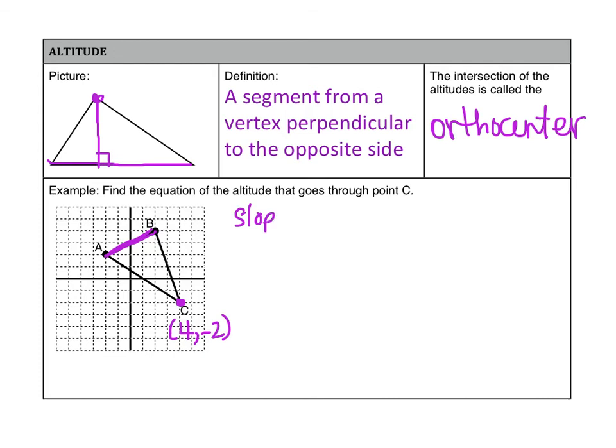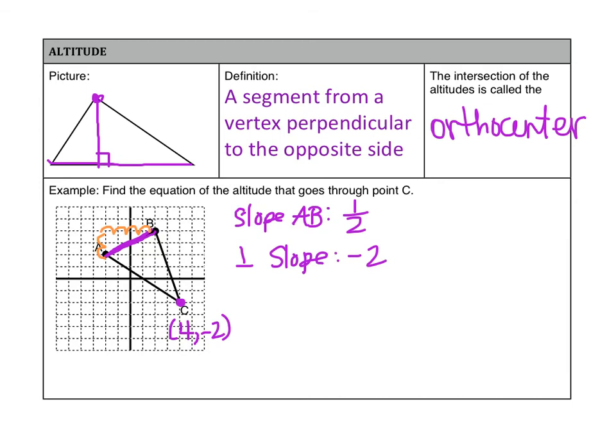Again, we'll need to know the slope of AB in order to find a line that's perpendicular. So AB goes up 2 over 1, 2, 3, 4. 2 over 4 simplifies to 1/2. That means the perpendicular slope will be the opposite, which will be negative, and then flip that fraction to get 2 over 1, which just simplifies to negative 2.